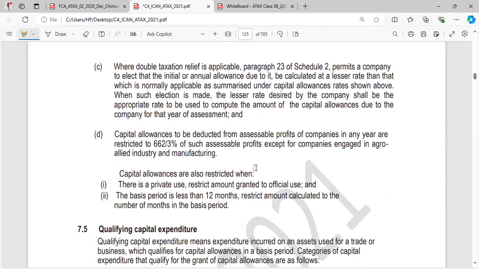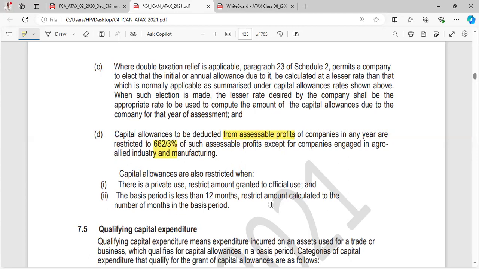Capital allowances to be deducted where accessible profits of a company in any year are restricted to 66 2/3%. Now look at the way they wrote it.